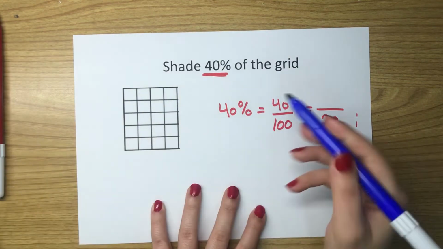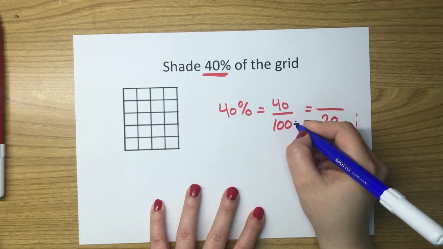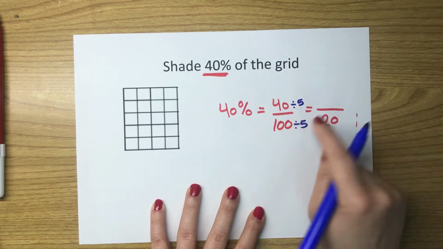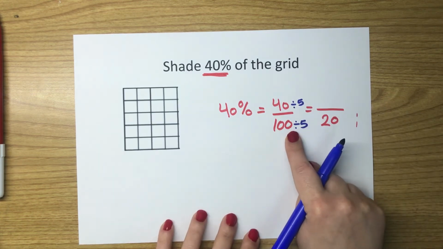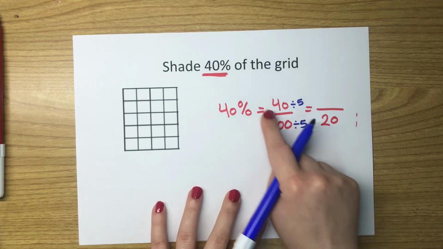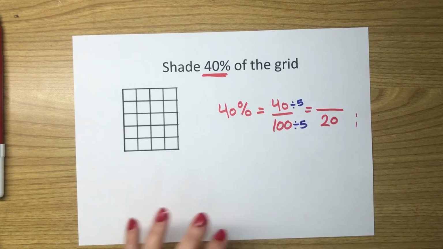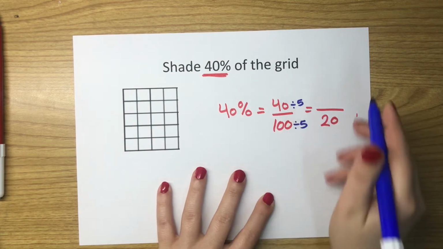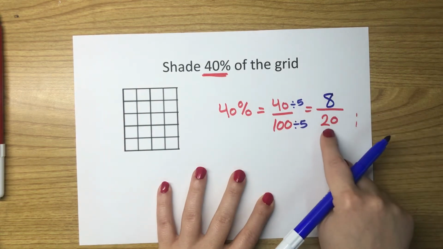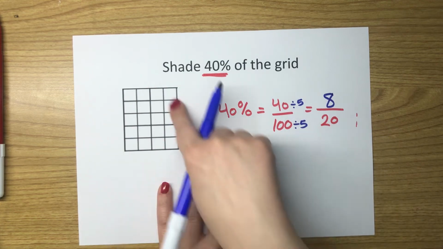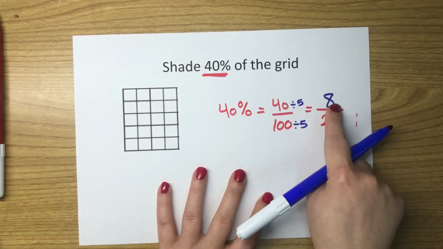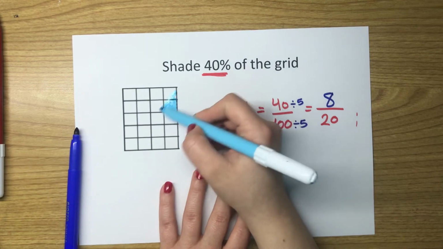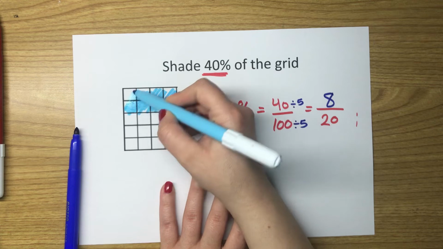Okay? How can I change 100 into 20? It is by dividing 100 by 5 and dividing the 40 by 5, because when I divide the denominator by a certain number, I have to divide the numerator by the same one. So 40 divided by 5 equals 8. So with a denominator of 20, or a shape of 20 parts, I have to shade how many? 8. So I'm going to shade 8 squares.